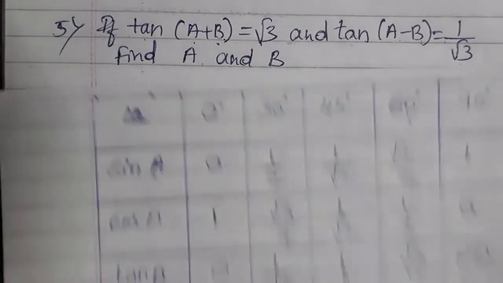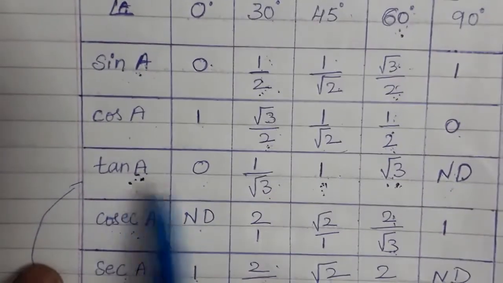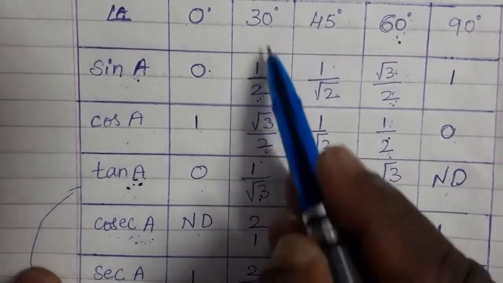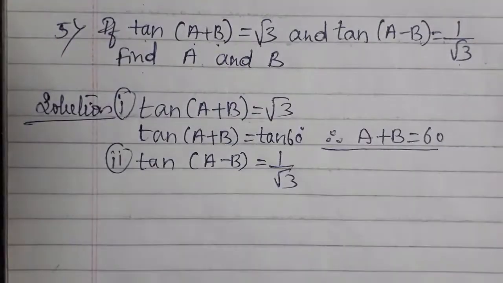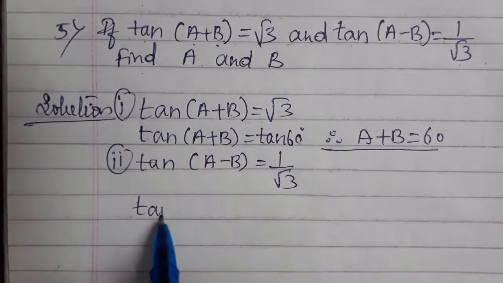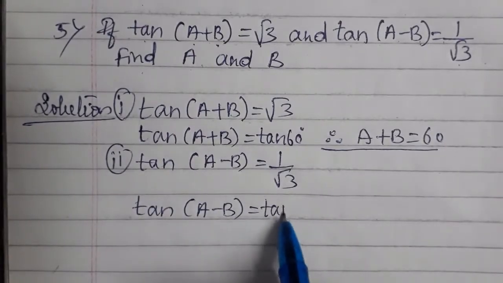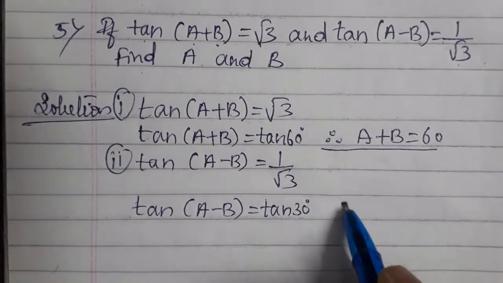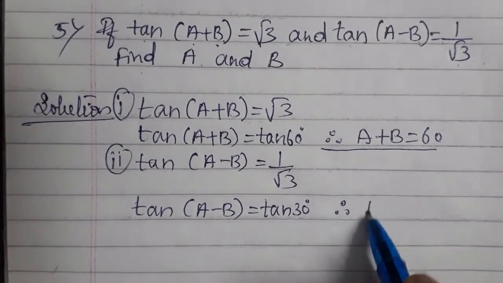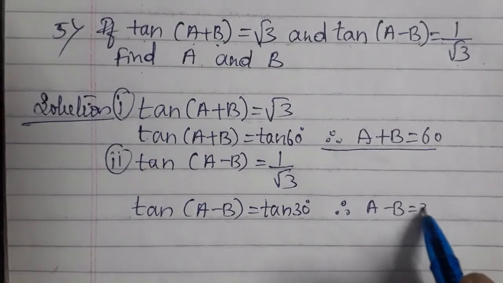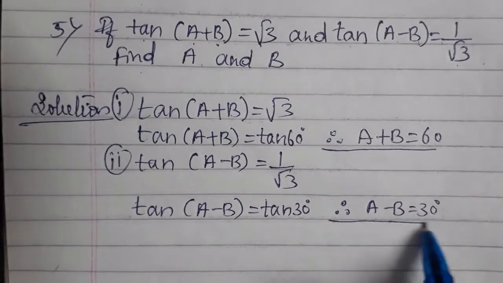So we'll check which angle has tan 1 by root 3. So 1 by root 3 belongs to 30 degree. Therefore tan(a - b) is equal to tan 30 degree. Therefore I will get a - b is equal to 30 degree.